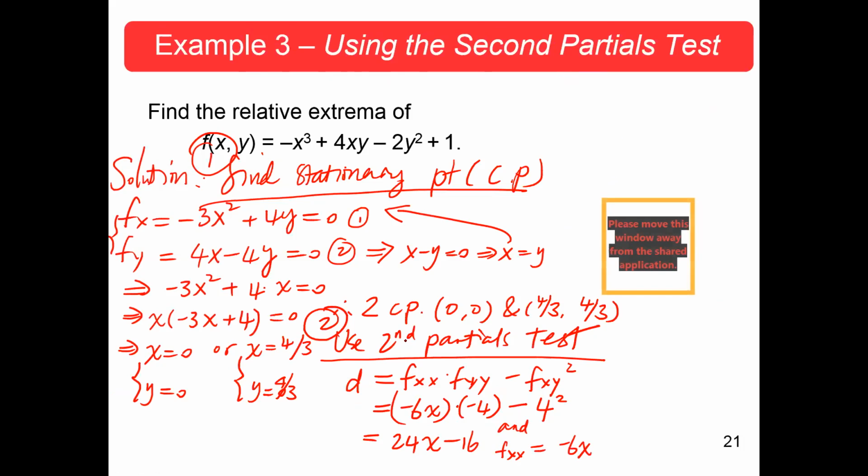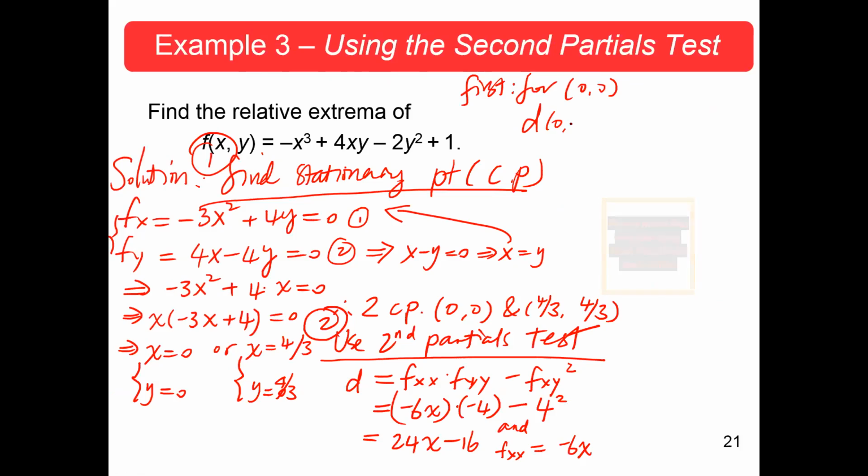We're going to use the second partials test for these two points. For the point 0, 0, we're going to use it to test this point. We're also going to use the second partials test to test the point 4/3, 4/3. So first of all, for the point 0, 0, D at 0, 0.